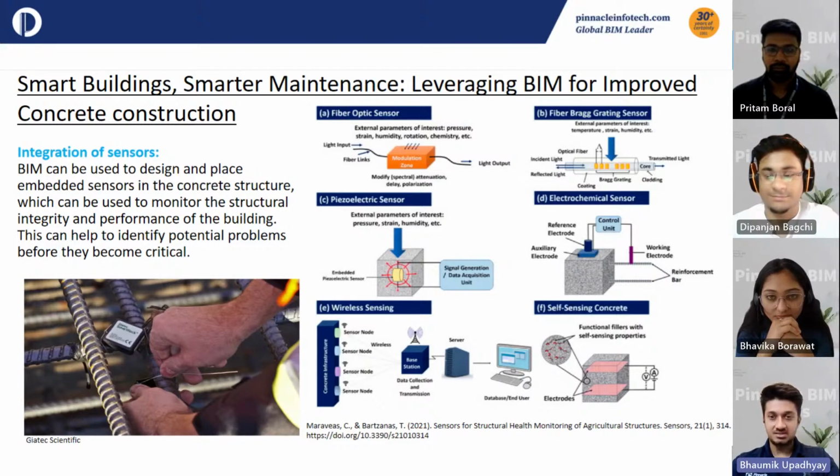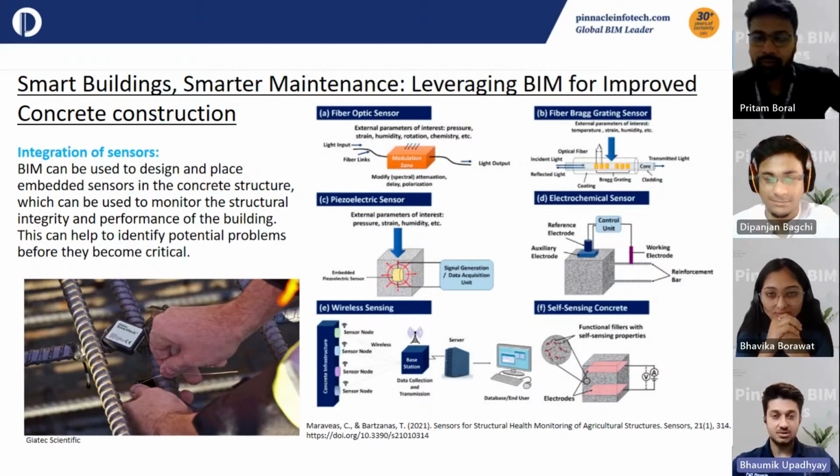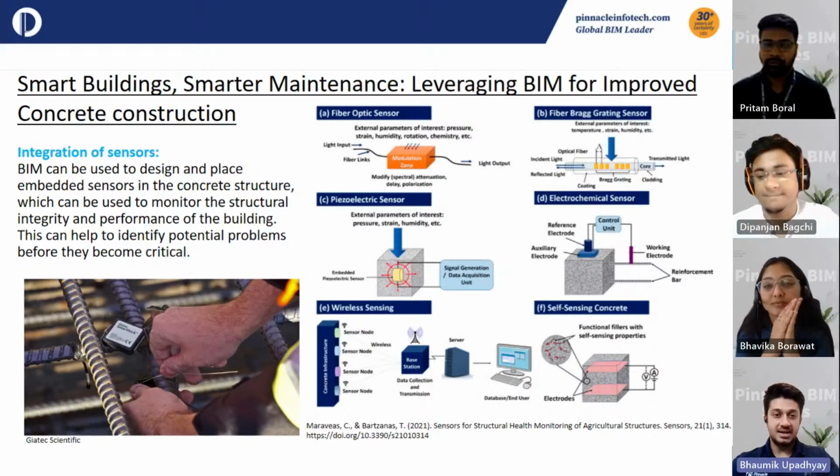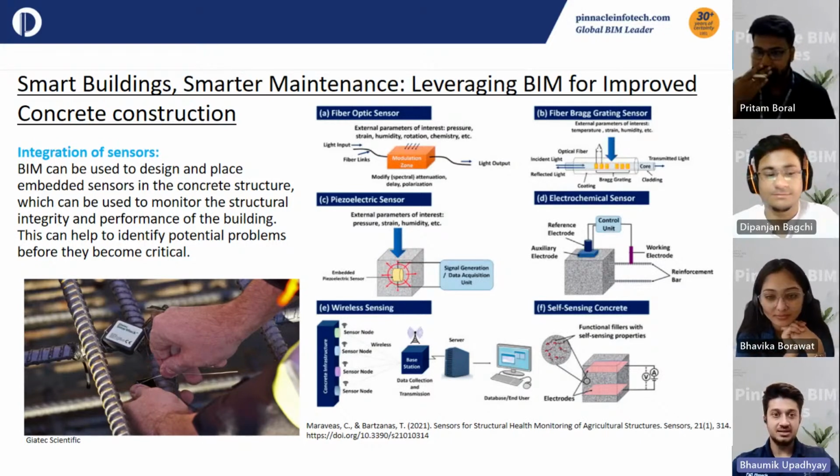There are many different sensors available, as shown in the slide. Each has its own strengths and weaknesses, but by analyzing the 3D model and considering factors such as loads, environmental conditions, and lifespan of structures, designers can select the best sensors for the job.